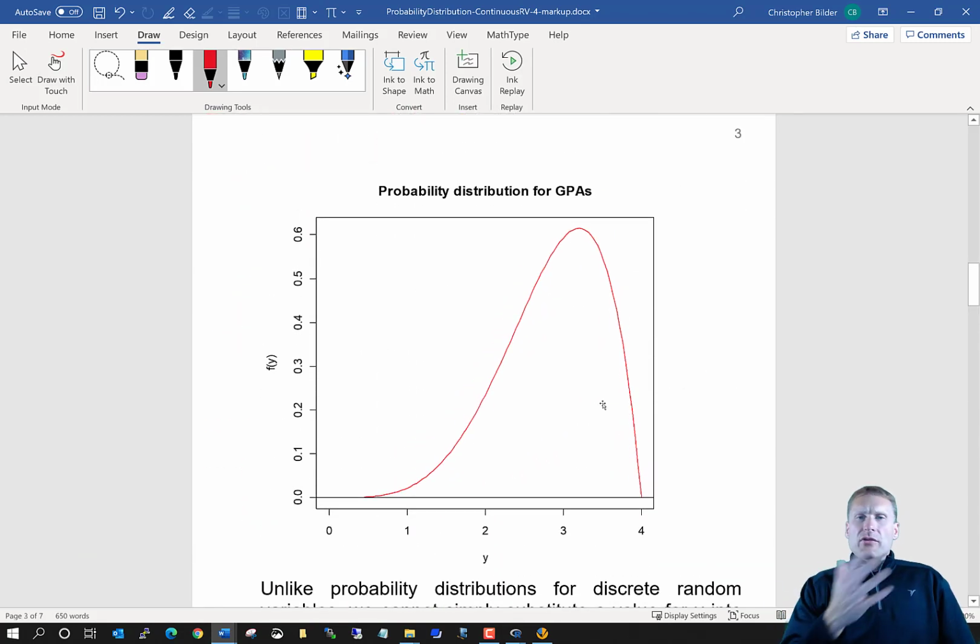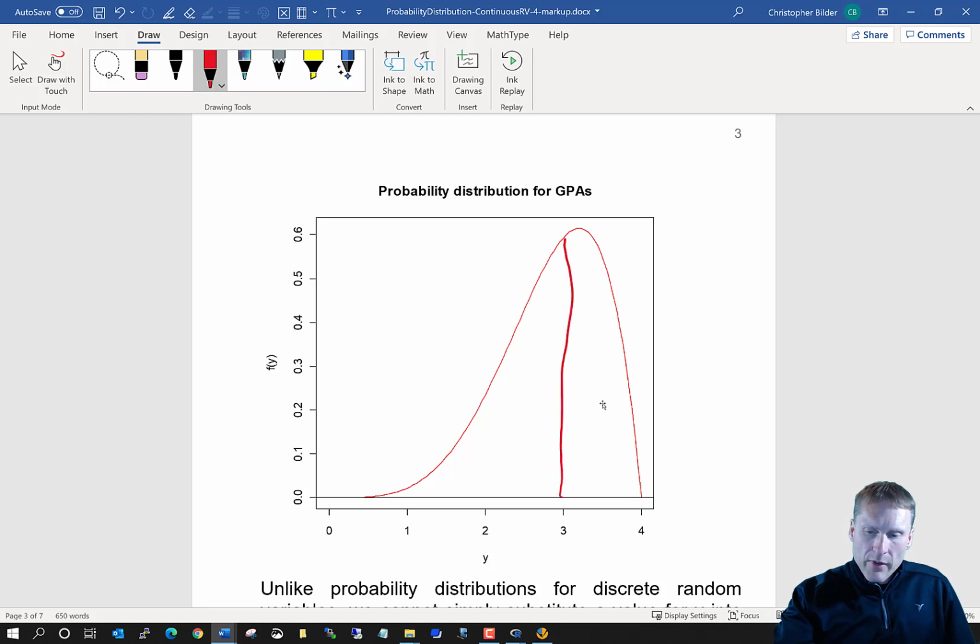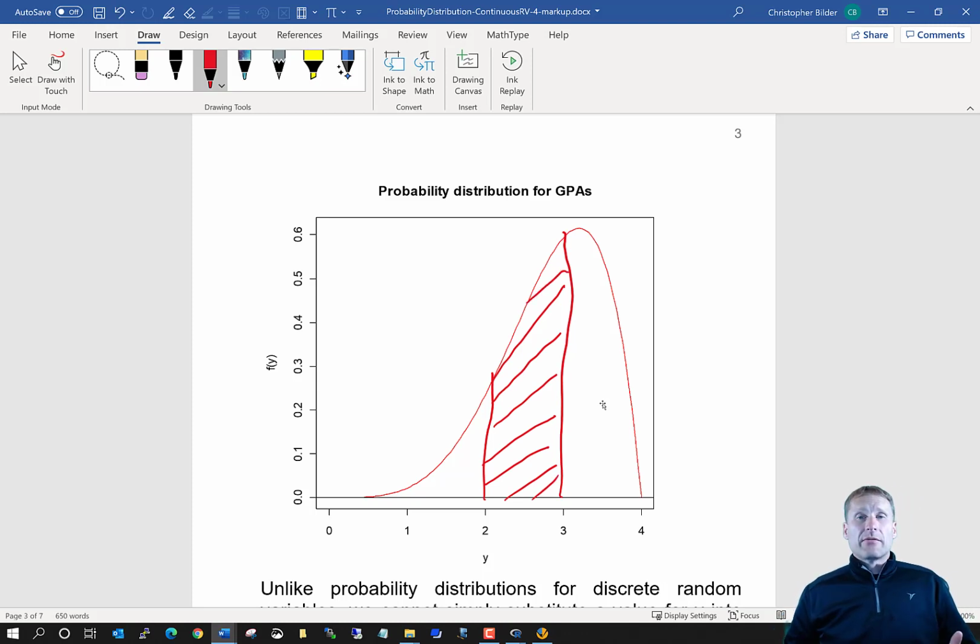But what this function is representing to us, from 0 to 4 for values of y, is that areas underneath that curve, all the way down to y equal to 0 on the y-axis, represent probability. So for example, if I want to know the probability of having a GPA between 2 and 3, all I would need to do is find the area underneath this curve in this region that I'm coloring in.